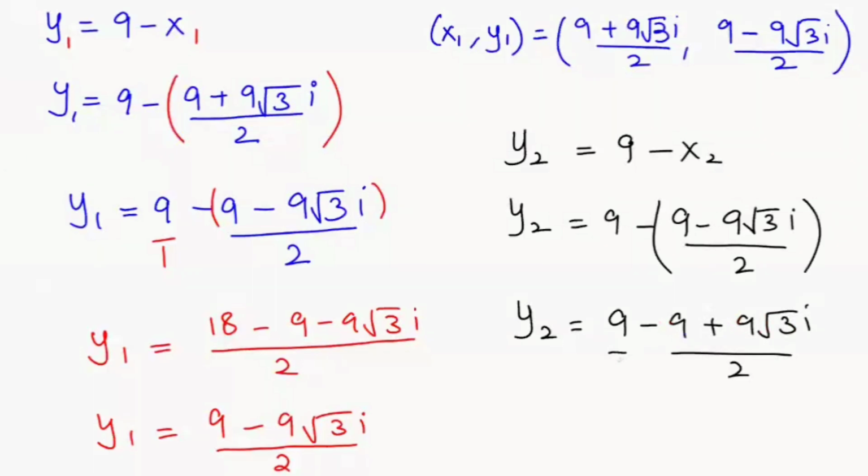Now I'm going to take the LCM, which is 2. So 1 times 2, 9 times 2 gives us 18 minus, and 2 times 1, 1 times 2 gives us the same above expression, 9 plus 9 root of 3. So y2 is equal to 9 plus 9 root of 3 iota over 2.